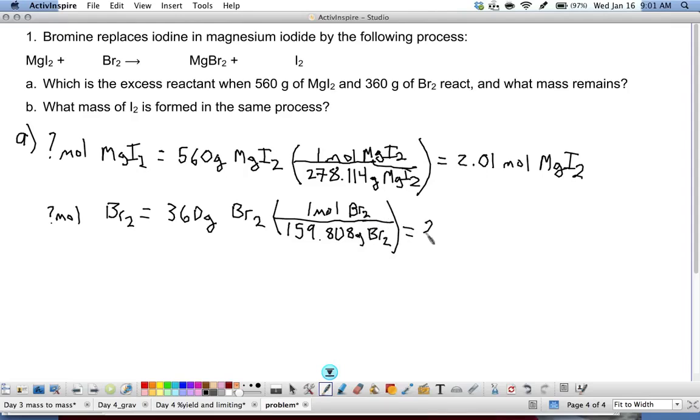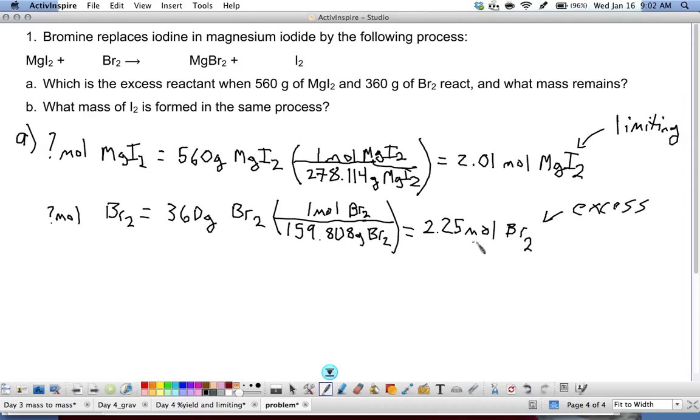And that equals 2.25 moles Br2. Okay, and since these are on a 1-to-1 mole ratio, it's pretty clear to see that magnesium iodide is going to be our limiting, and Br2 is going to be our excess.